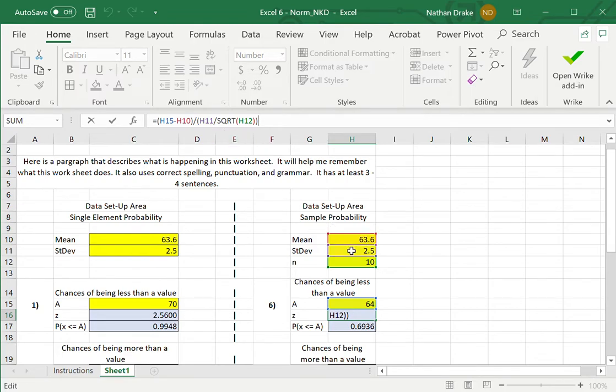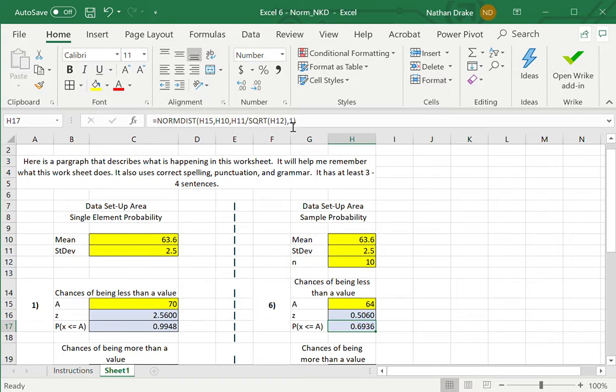So I have the cell that references the standard deviation of the individuals divided by the square root, right? So that's what the SQRT does, the square root of the sample size of that 10. And I use the cell address there, so if I change that value of 10, it will change here as well. Right? And so then I do that, press enter, and that's there. All right, so that's the z-score associated with those sample means and that sample size.